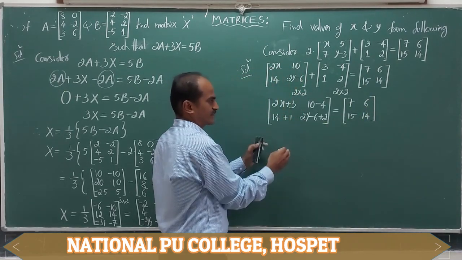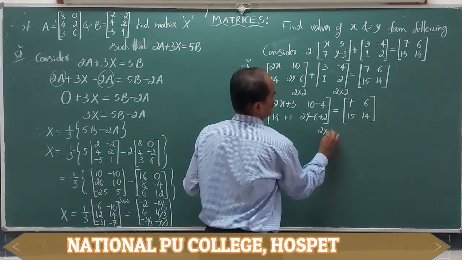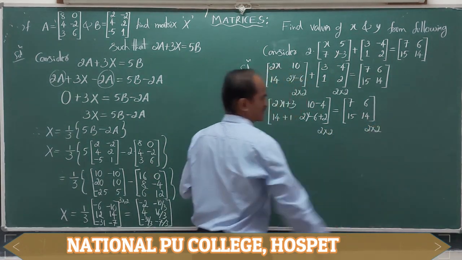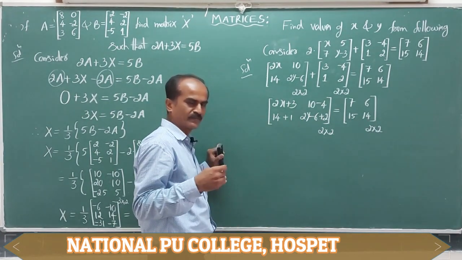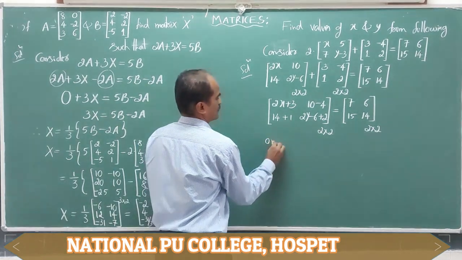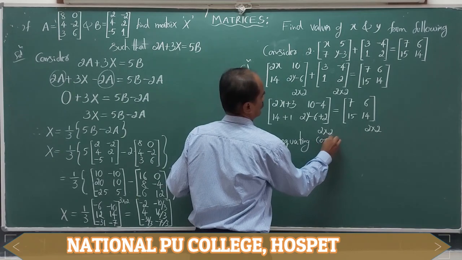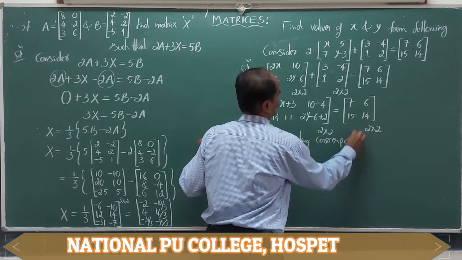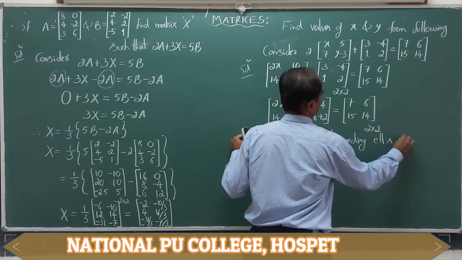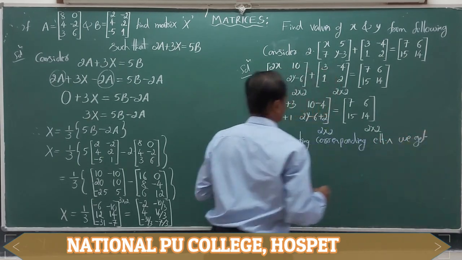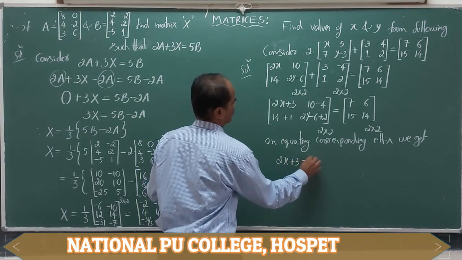Now on the left hand side, one matrix. On the right hand side, another matrix. Both are square matrices of order 2. If these two matrices are equal, their corresponding elements must also be the same. So on equating corresponding elements, we get 2x plus 3 equal to 7.